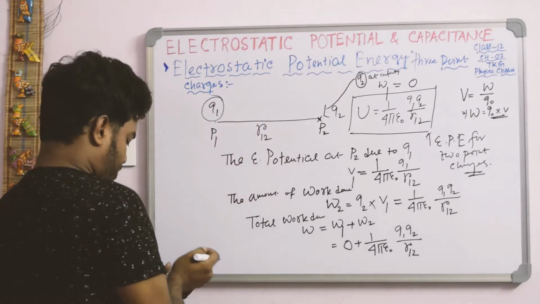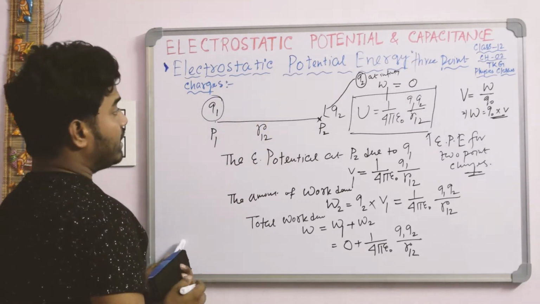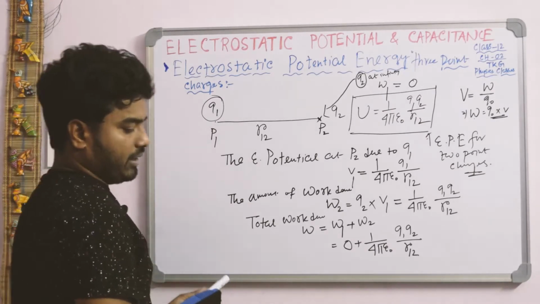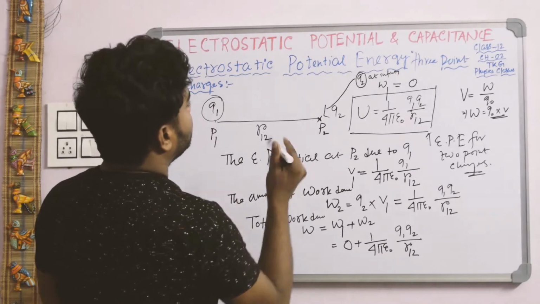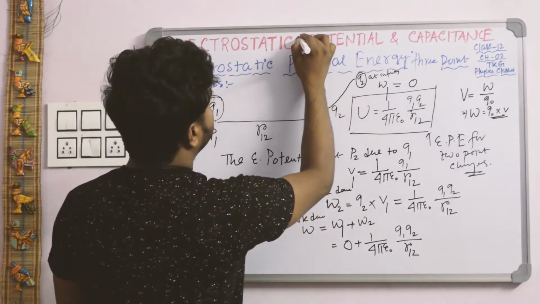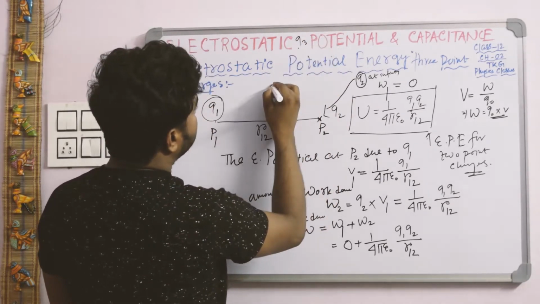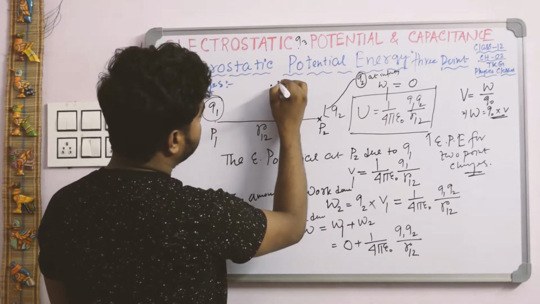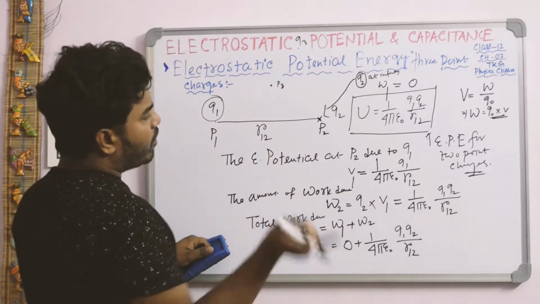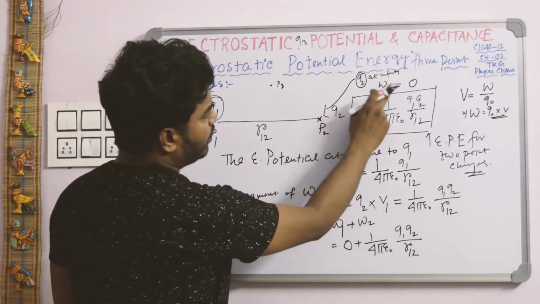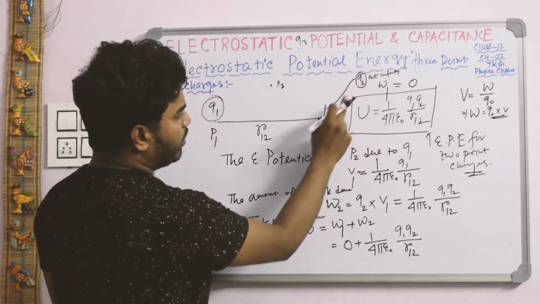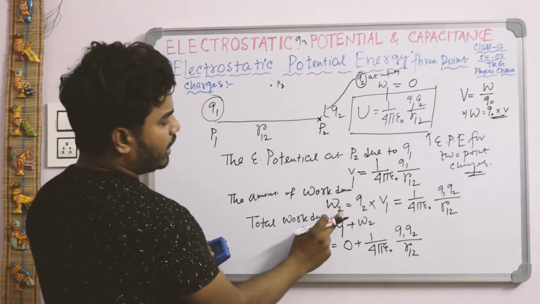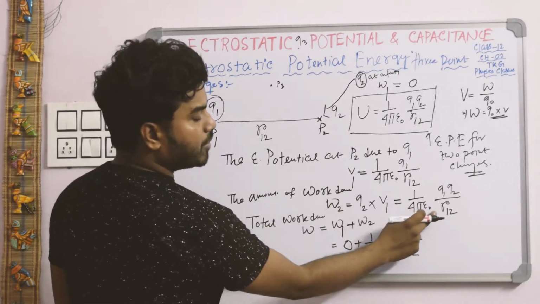Suppose we are bringing a charge Q3 to point P3. For a single point charge, the amount of work done W1 is 0. Now in bringing Q2 from infinity to point P2, the amount of work done W2 is this expression.